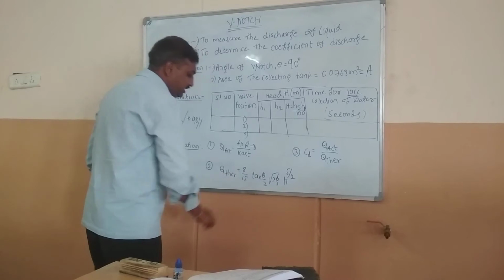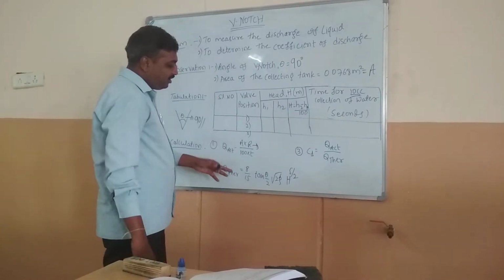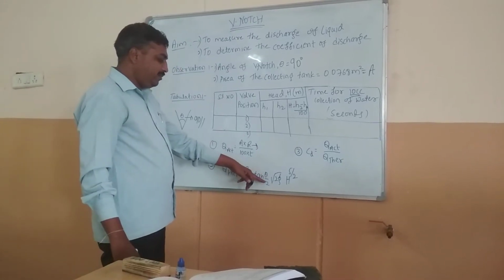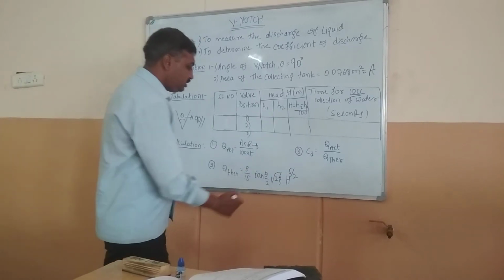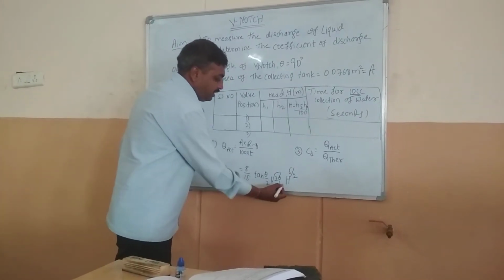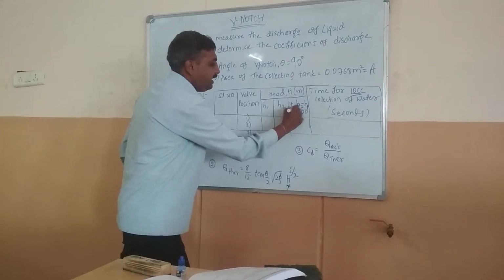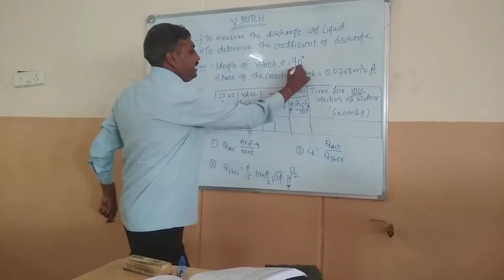Next one is the theoretical discharge. This I didn't derive here, I used the formula directly: 8 by 15 tan theta by 2 square root of 2g h to the power 5 by 2. Here g is gravity, h is the head, and theta is the angle, 90 degree.